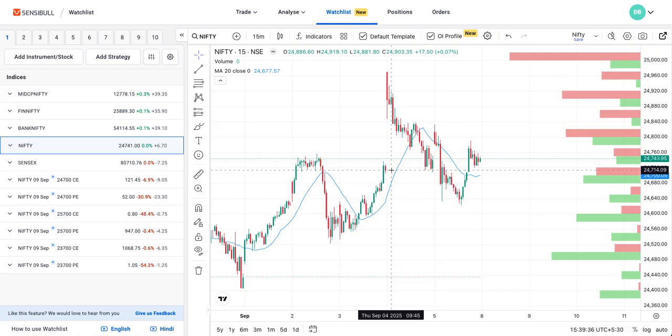So the nearest strike price to 24,714 is 24,700. So we took 24,700C, that is the call option, and the 24,700P, the put option, for comparison.